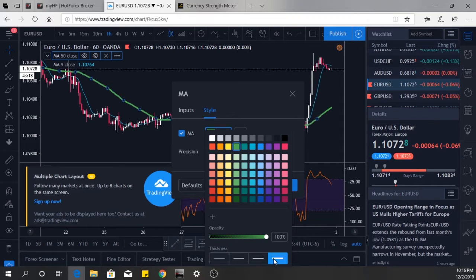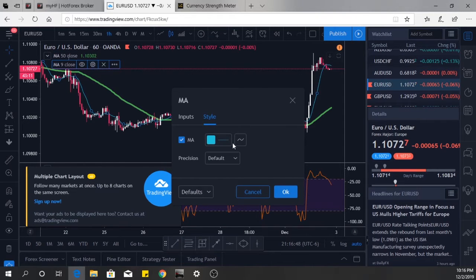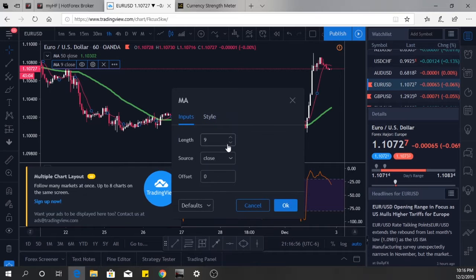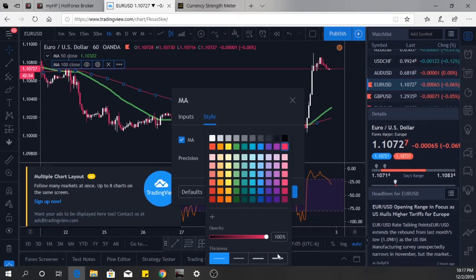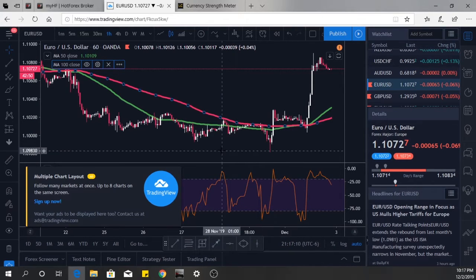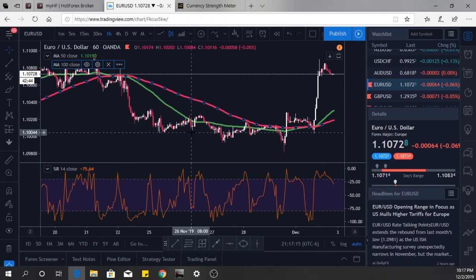Alright, now let me do the other one. This one will be our 100 MA. Now you guys can go ahead and place these moving averages on your charts just like how I did just a while ago.